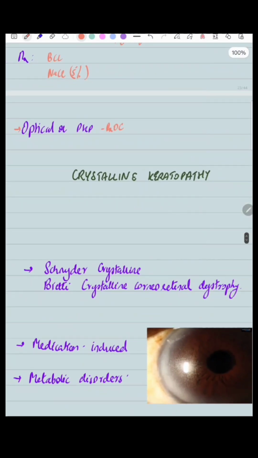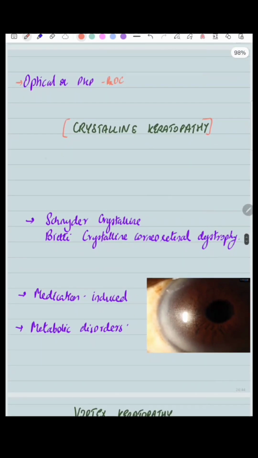Next, coming to crystalline keratopathy. It is a condition in which crystals are deposited in the corneal epithelium or anterior stroma. It can have infectious causes or be associated with corneal dystrophies. In infectious crystalline keratopathy, Streptococcus viridans is the most common organism.